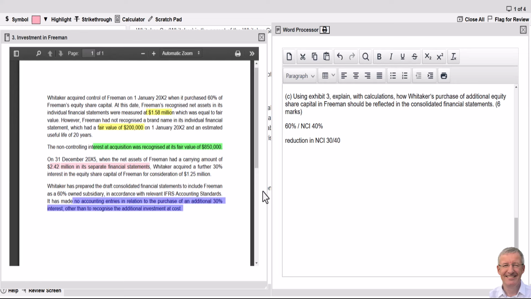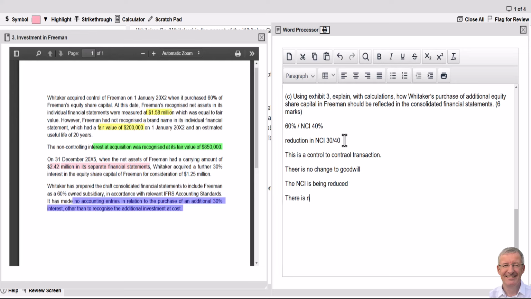Right, 6 marks. I've got to do some calculations, but I've got to do some explaining with calculations. First thing I'm going to do is explain. This is a control-to-control transaction. There is no change to goodwill. The non-controlling interest is being reduced.